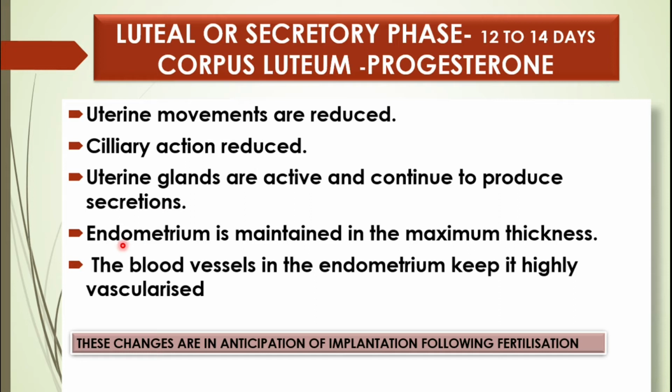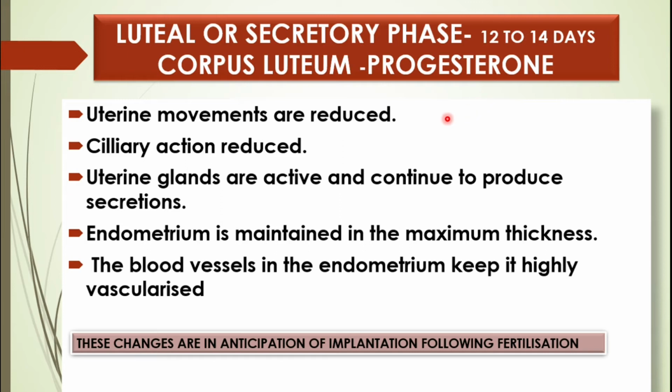The endometrium, which was thickened to the maximum, remains in that thickened state. And the blood vessels, which were all repaired, keep the endometrium in a highly vascularized condition. So all these changes are effected due to the production of progesterone.